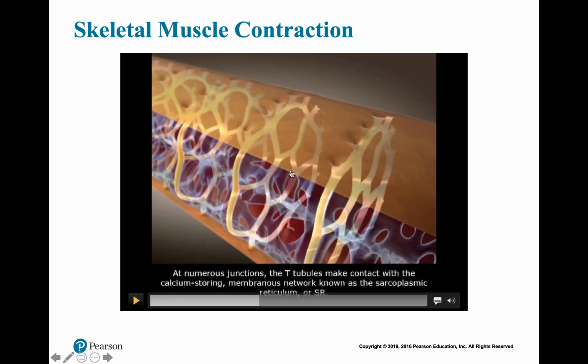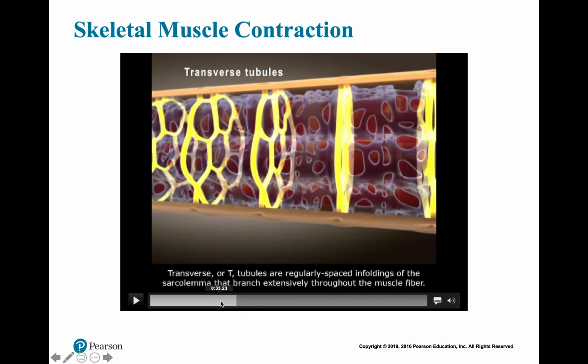So think of transverse, right? What's a transverse section? It's a cross section. That's why those are called transverse tubules. So I'm just going to rewind just a little bit. Here's our sarcolemma, the plasma membrane of the skeletal muscle cell. It invaginates into these tubules, and those tubules just surround the myofibrils.